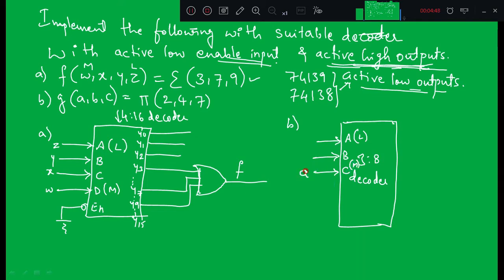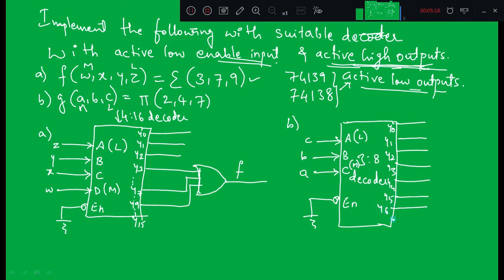So small a is MSB in the second function, and small c is LSB. A, B, C are connected to the actual inputs like that, and enable is again active low, so that pin needs to be grounded. So I will have 8 outputs: y0, y1, y2, y3, y4, y5, y6 and y7, right?